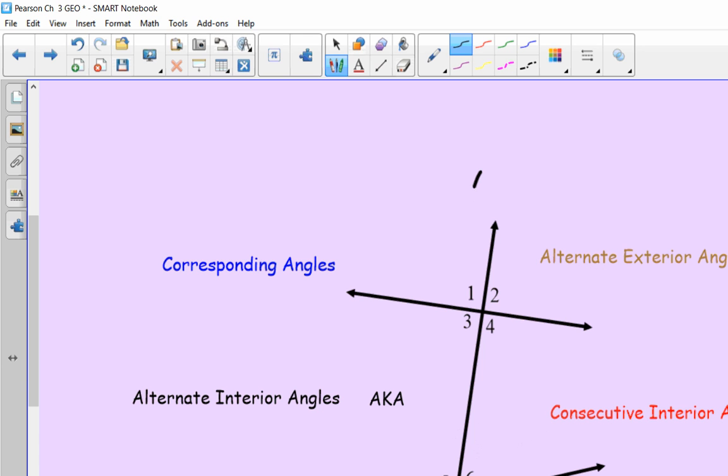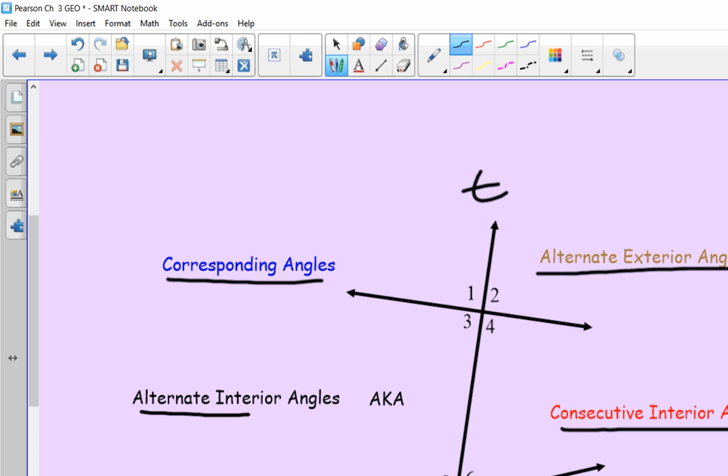Okay. All right. Once you get that transversal drawn up and the angles numbered, if you guys could draw or write in these headings. Then you can hit pause and come back to it so I can get going here.